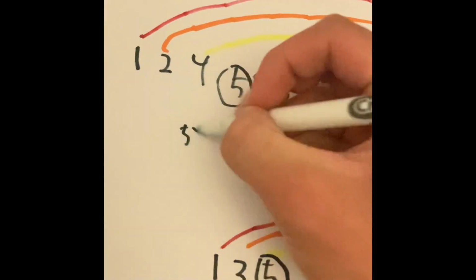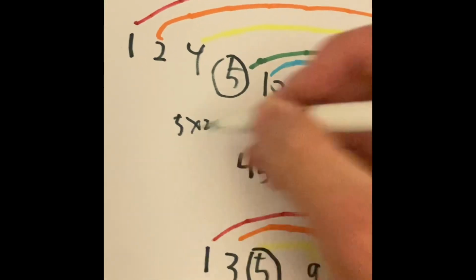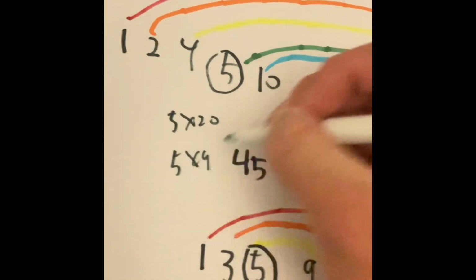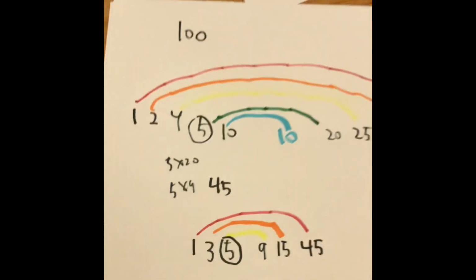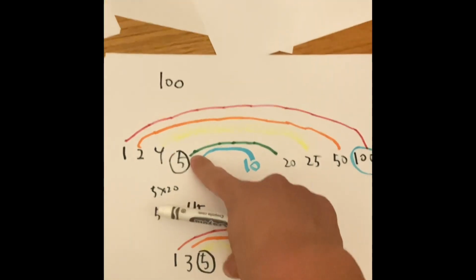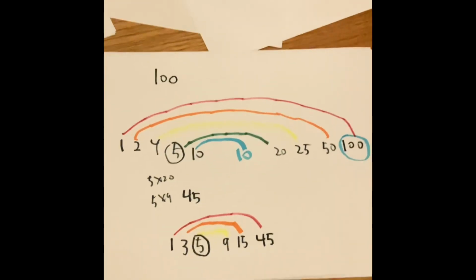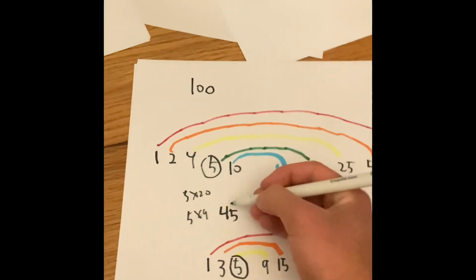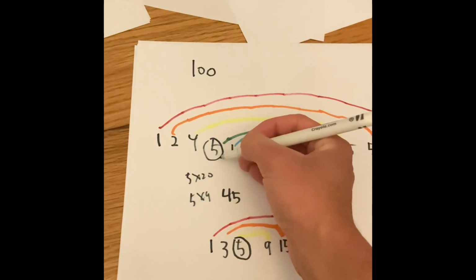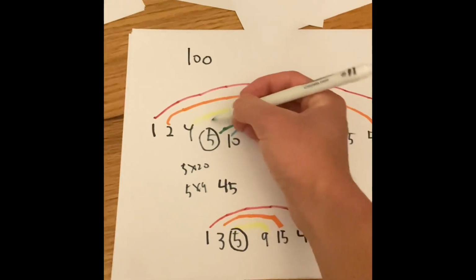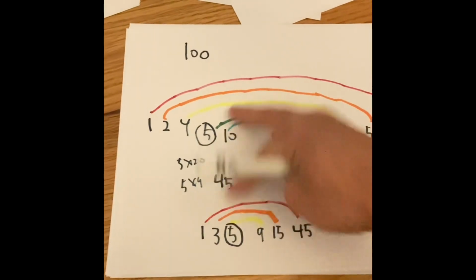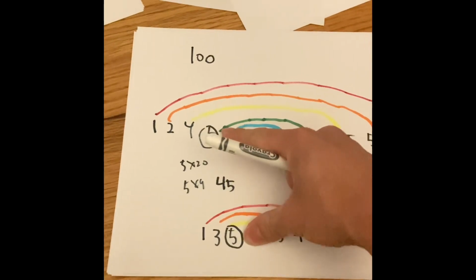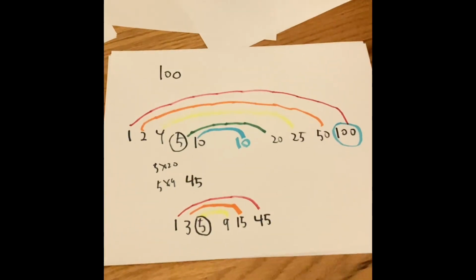Like 5 times 20 equals 100, and 5 times 9 equals 45. These are the biggest numbers, or greatest common factors, you can find between the 2 numbers. The leprechaun hides the gold right at the greatest common factors, so look for them in the rainbow.